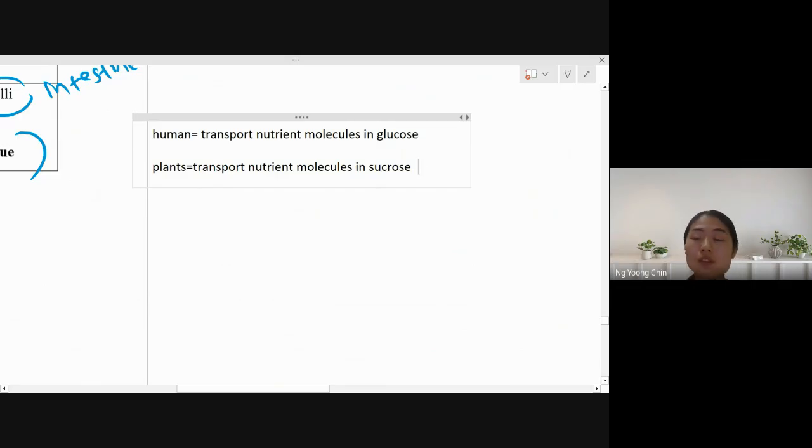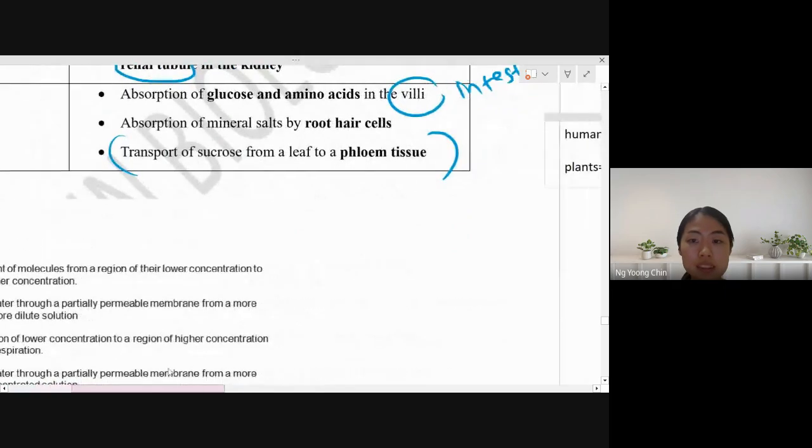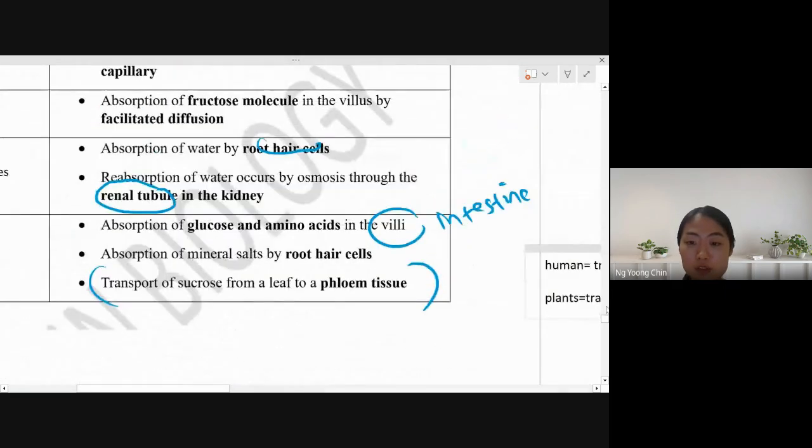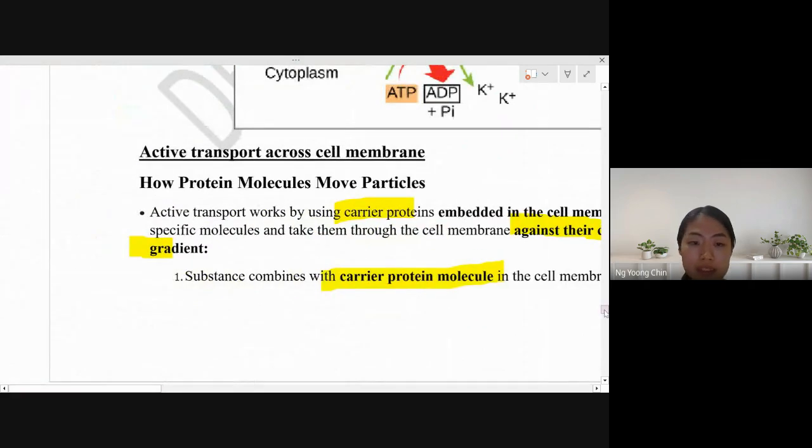It's a kind of glucose. So plants transport in the form of sucrose. Please remember that. Okay, so that's it for chapter 3. And here are some questions you can attempt later.